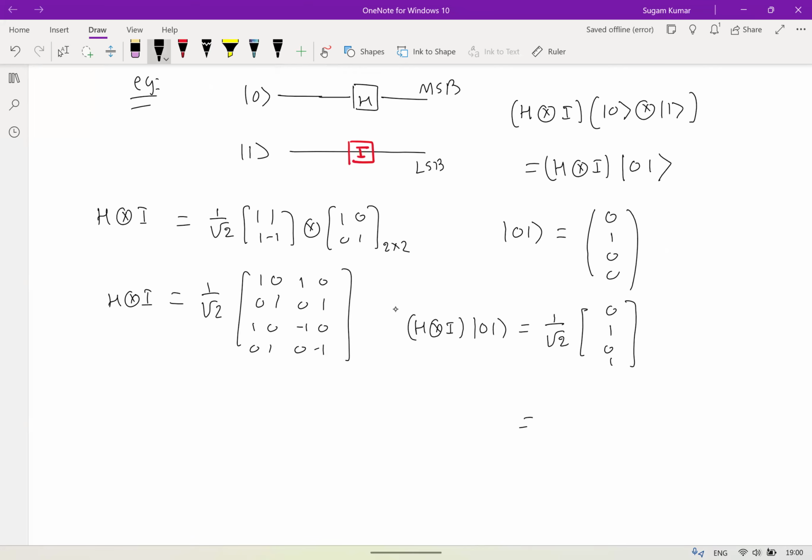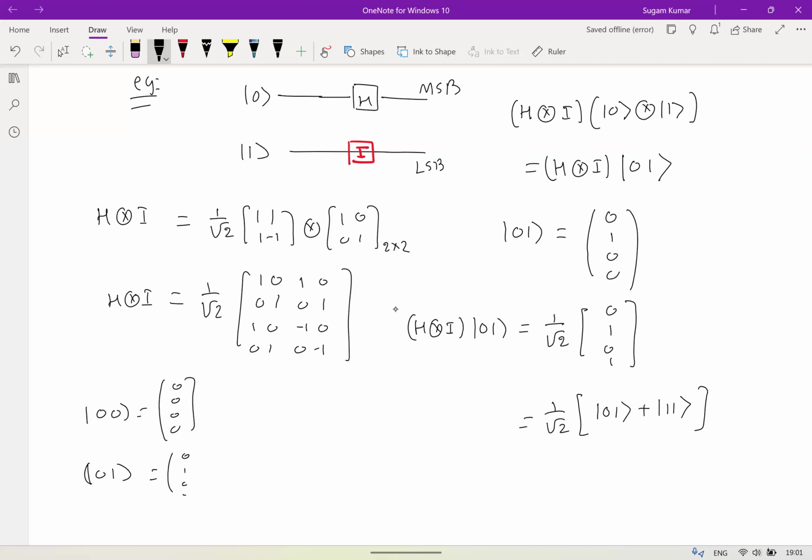Now look at how I can simplify this one also, because this is 0 1 0 1, so 1 by root 2. You see here, 0 0 is nothing but 1 0 0 0, and 0 1 is 0 1 0 0, and so on. So I can break this in two parts: 0 1 plus 1 1.